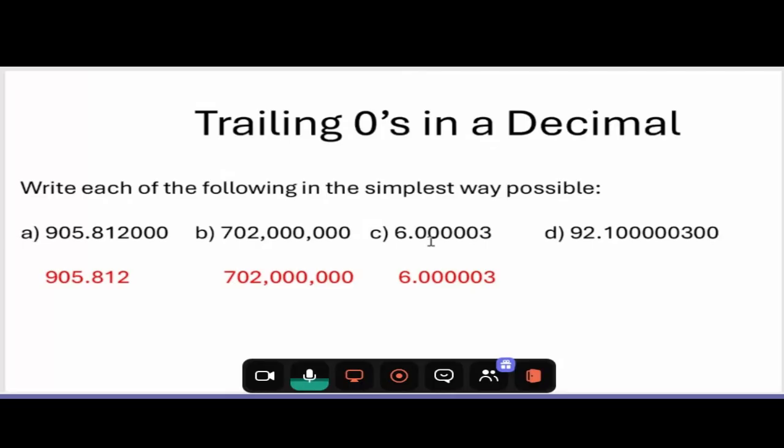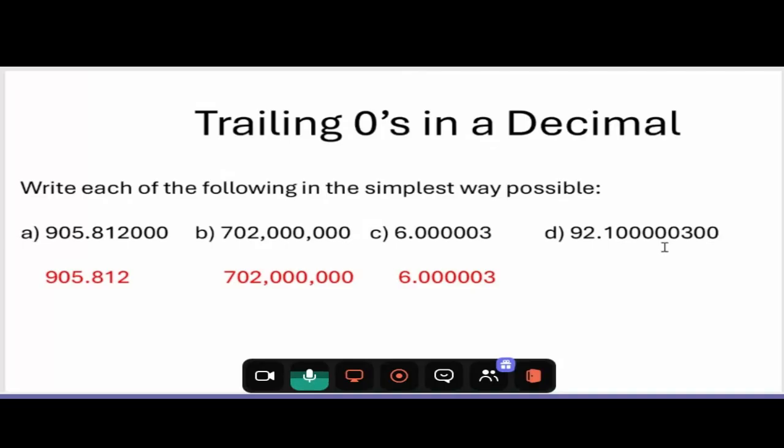Did I do that right? Yeah, I think so. 3/10ths is not the same as 3 millionths. Unlike over here, this is still 8/10ths, 1 hundredth, and 2 thousandths, right? Nothing changed by dropping off those zeros.